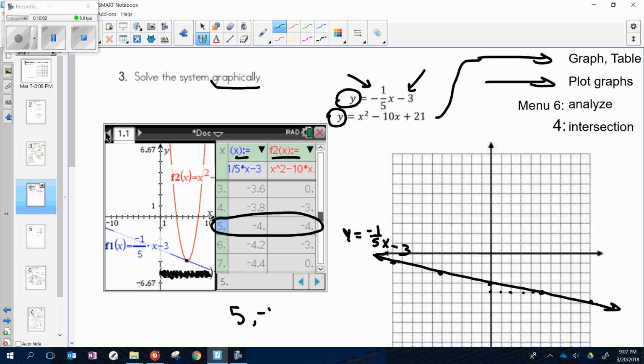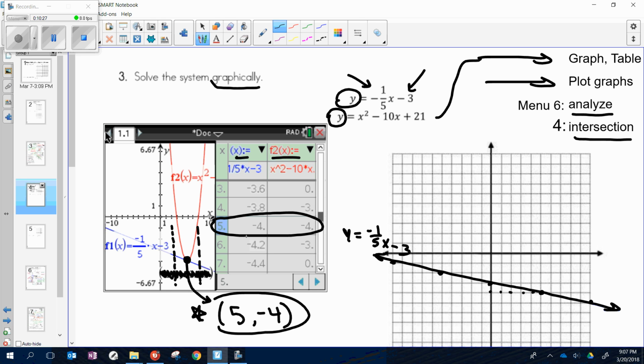So 5, -4 is the answer. It only crosses in one place. Using the Analyze and Intersect feature, menu 6.4, you can use these dotted lines that allow you to surround where it intersects, and it will highlight that point for you and immediately label it as the intersection point.